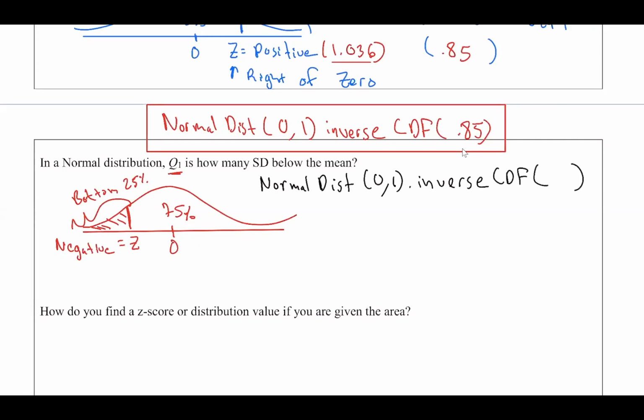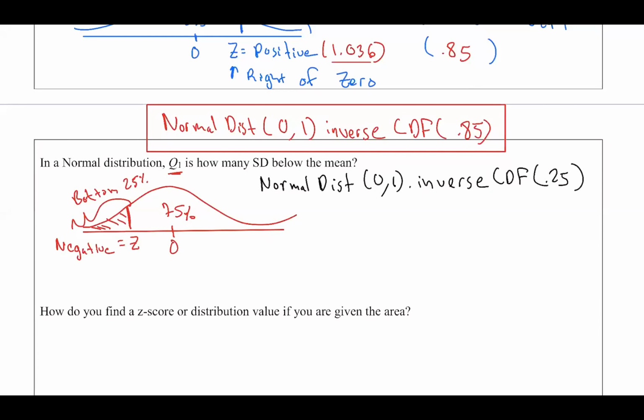For this one, what should I put in the parentheses as the percentage for that CDF? 0.75. Well, let's check that again, because remember, maybe 0.25? The left. Oh yeah, my bad. Yeah, that's fine. 0.25. So let's go to class calc.